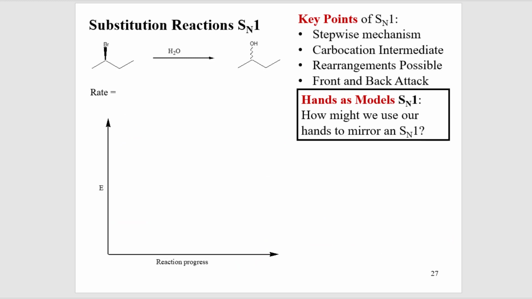Let's look at the rate. For a reaction like this, the rate is k times the concentration of the electrophile to the first order, hence SN1. Just to remind you, the alkyl halide in this case is our electrophile and the water was the nucleophile. So the rate was determined experimentally, and I'm giving it to you.